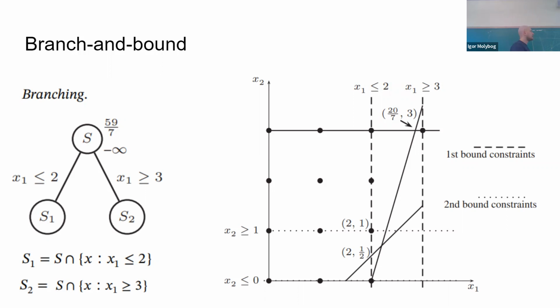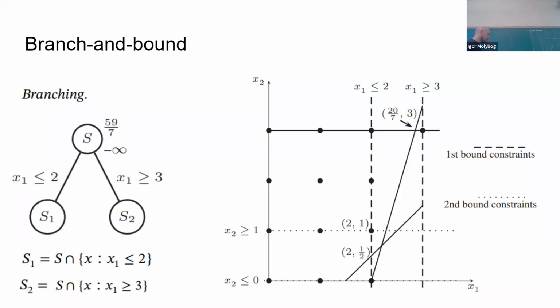How would you do it? You would add a constraint that either x1 is greater than or equal to 3, or x1 is less than or equal to 2, and this constraint is an "or", which means that you would need to introduce a new binary variable y that would decide which of these constraints is active.